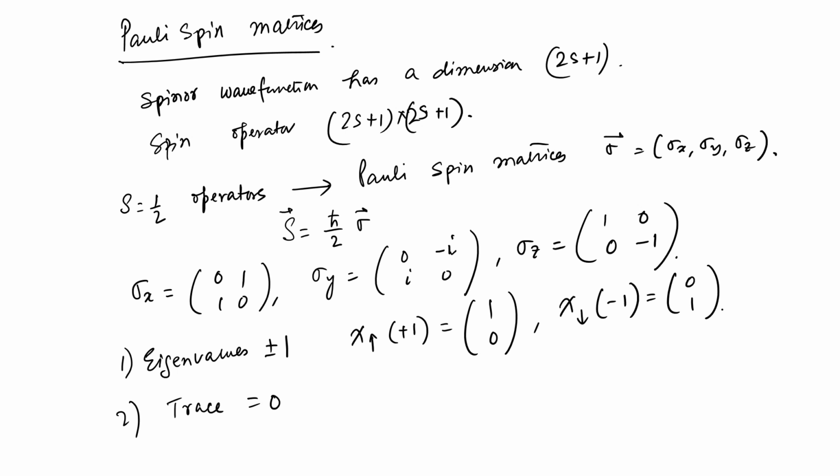We are going to come to that soon, but take a spin 1 system, for example, which are not the Pauli matrices, but these are spin 1, and as I said, they will be 3 by 3.